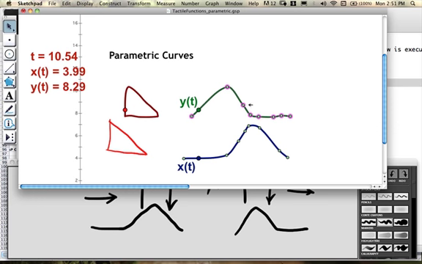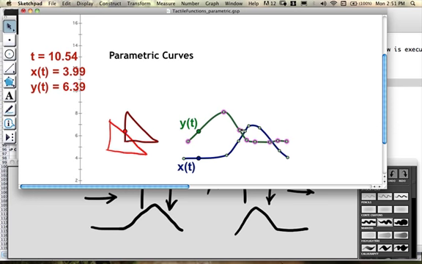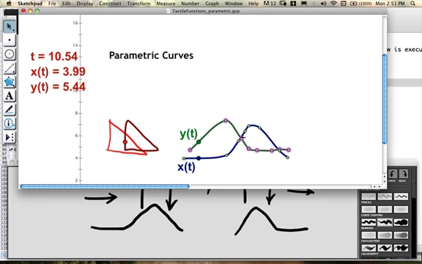Now I have to be careful. If I shift it horizontally, that changes the nature of the shape. So as I move this down, I could make it match up with the one I drew pretty well.